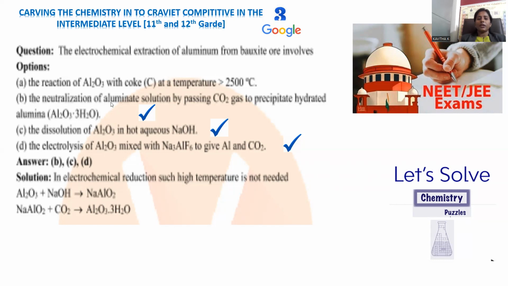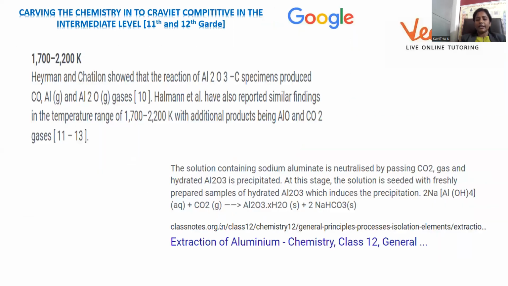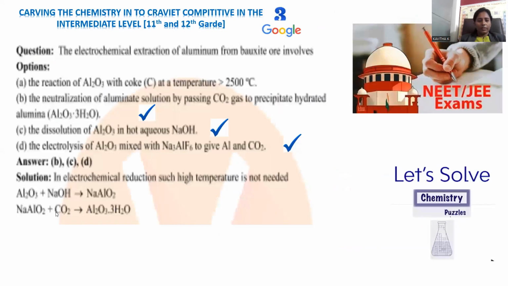Option number B, aluminate. Aluminate means sodium aluminate we are taking. Here sodium aluminate can be treated with carbon dioxide. Being a sodium salt, when carbon dioxide is added, alumina will be released, and there is a formation of sodium carbonate, which can be removed.